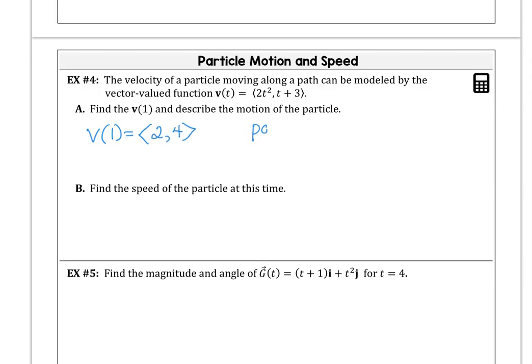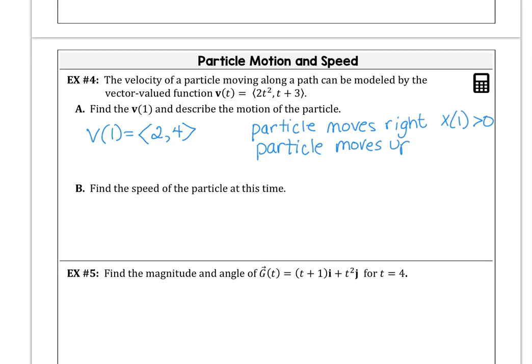It tells us the particle moves to the right because the x of 1 is greater than 0, it's positive, and we also know the particle moves up because the y of 1 is also greater than 0. They were both positive values.